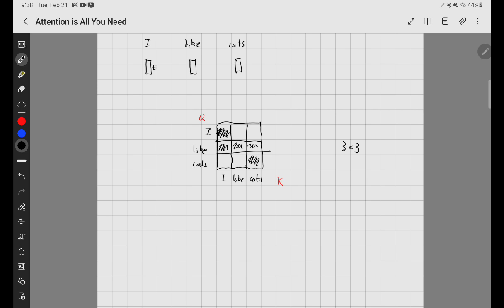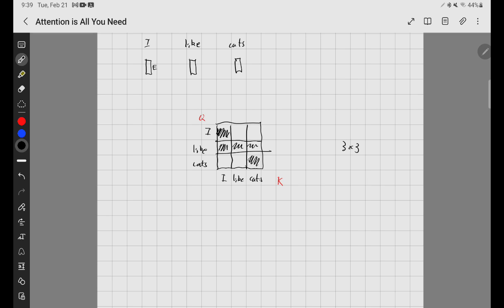So you can see that the similarity matrix is formed between the words and itself. How are the vectors of the words, how similar are they to the query vectors? And this representation is how you get your output matrix.